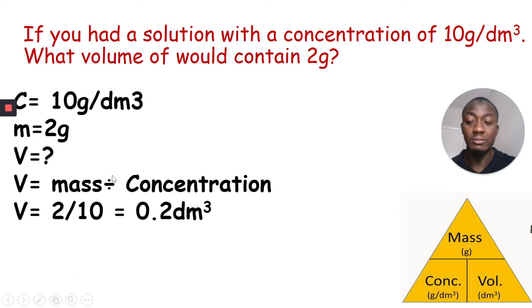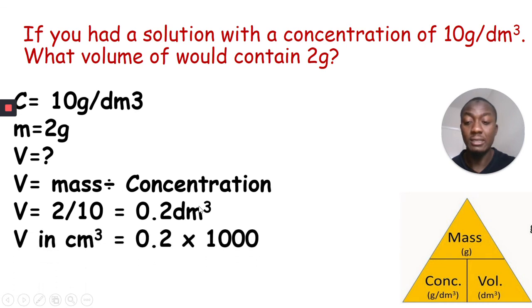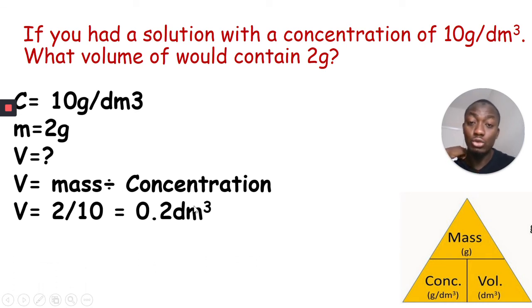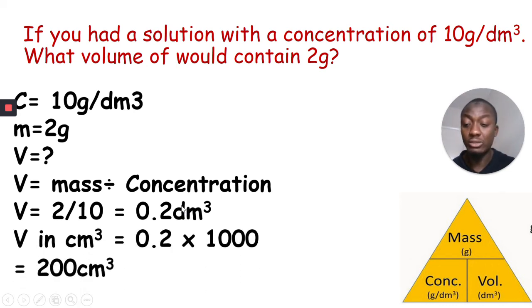The mass is 2 grams, the concentration is 10 grams per dm cube, so this will be your answer. But sometimes you'll be asked to find the volume in cm cube. Remember, dm cube is the smaller number and we're trying to convert to the bigger number, cm cube. So you multiply by 1000, and that gives you 200 cm cube.